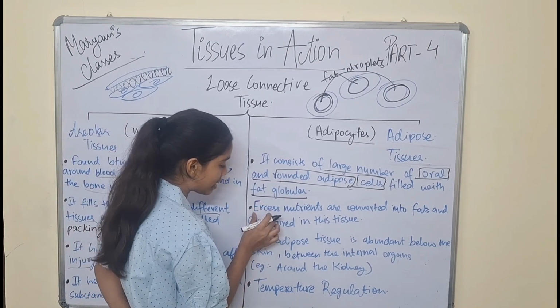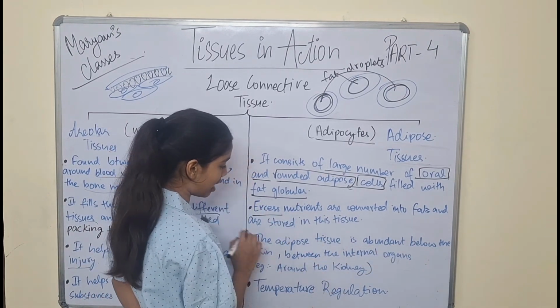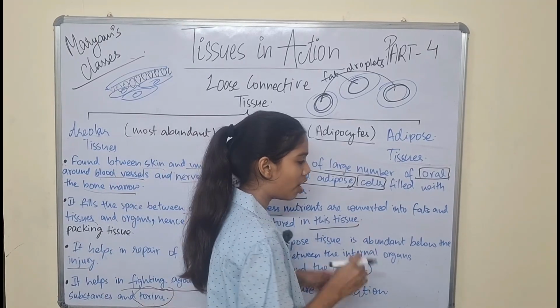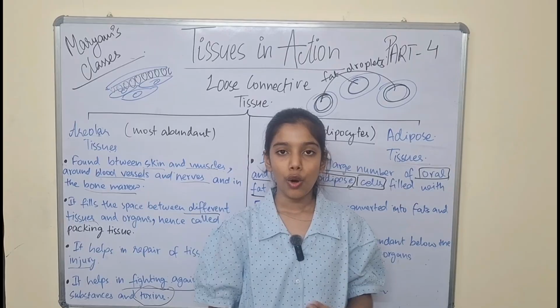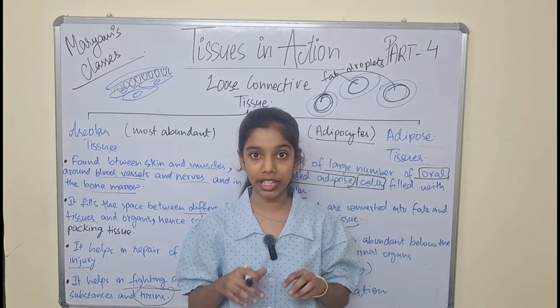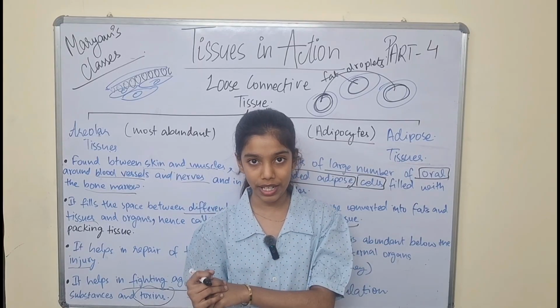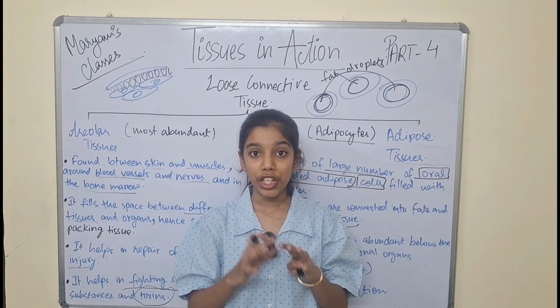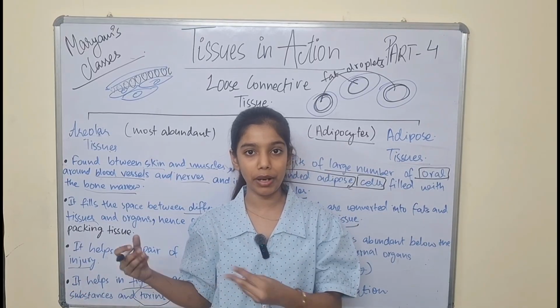Now the second pointer says that excess nutrients are converted into fats and are stored in this tissue. Do you know what fat is? Fat is what forms when we take excessive nutrients through food. Our adipose tissues use these excessive nutrients and convert them into fat. Why?